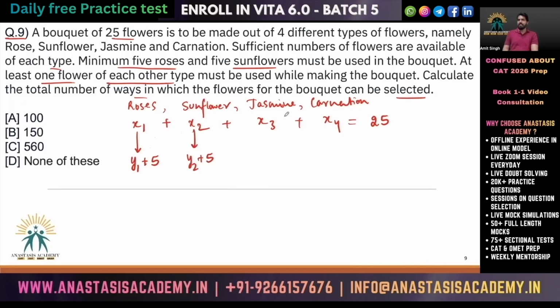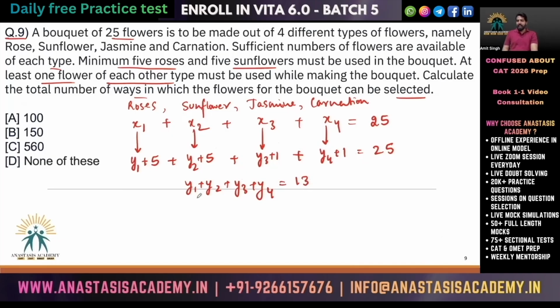And because I need at least 1 flower of other types, I need to replace them by y3 plus 1 and y4 plus 1, and that should be equal to 25. So the sum y1 plus y2 plus y3 plus y4 would be equal to 25 minus 5, 5, 10, and 2, 12. If I subtract 12, I get 13.